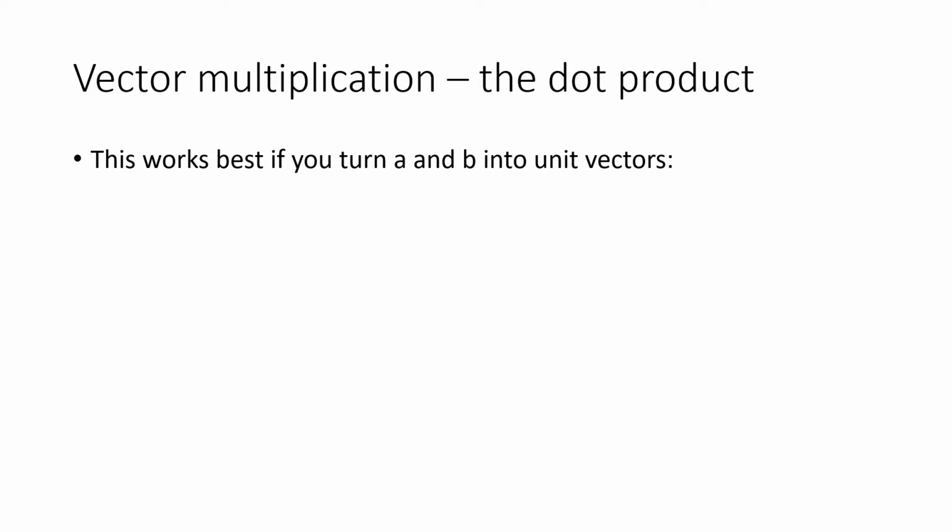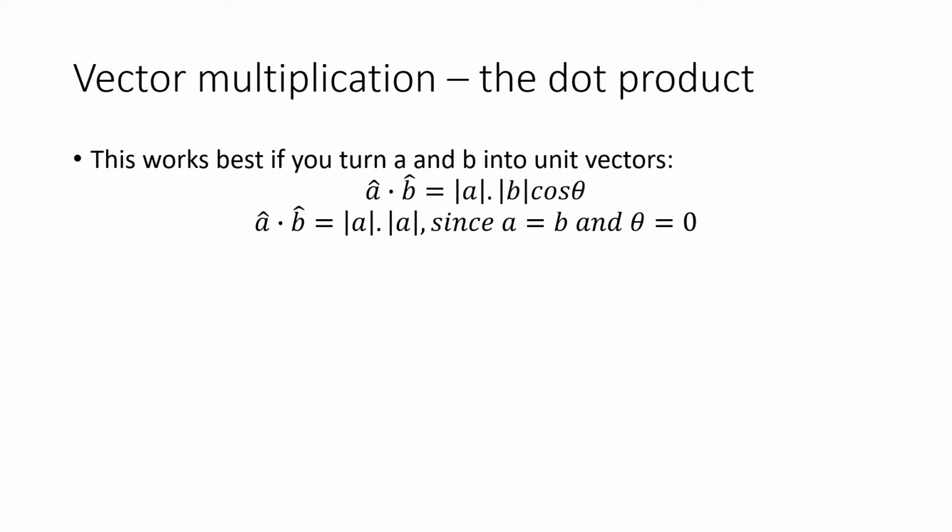That doesn't really mean much to me, I don't know about you, but if you turn it into unit vectors, this becomes more useful. So there we go, with the hat over A and B, telling you that they are unit vectors, they've been normalized. And if they are the same direction, then you end up with A magnitude squared, but A magnitude is 1, so that's 1 squared.